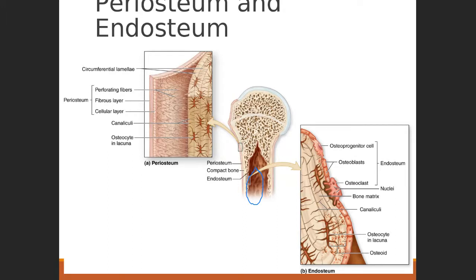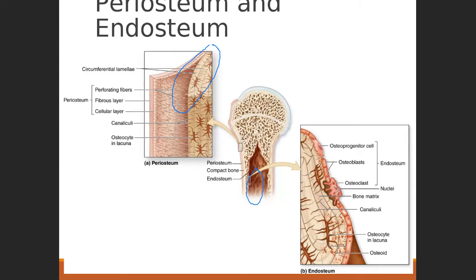Remember where we found our bone cells. Out here at the surface, we see osteoprogenitor cells. We see osteoblasts. Activity outside of the periosteum is all about bone growth. And the fibrous layer of that periosteum reinforces how important the periosteum is to the bone strength.